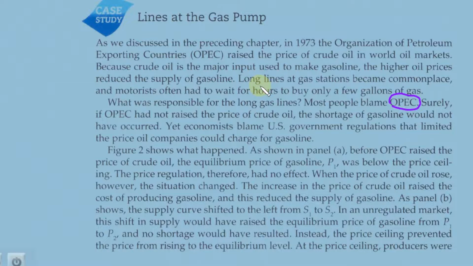Then the phenomenon happens: long lines at gas stations to buy gasoline, even though the price is higher, right? Because in this case, once supply was reduced, there might be a shortage.